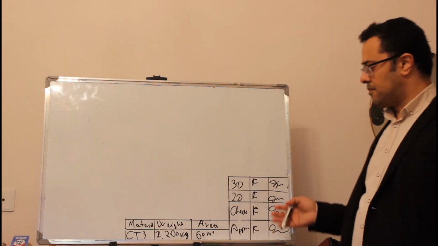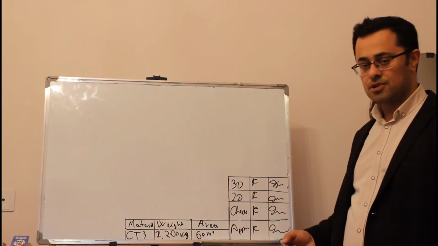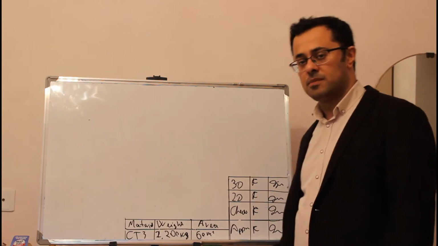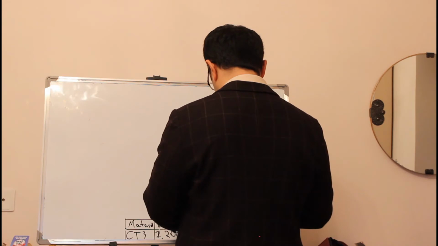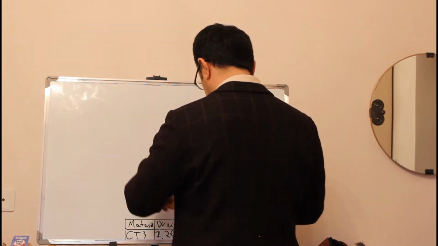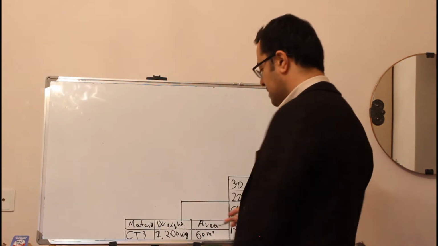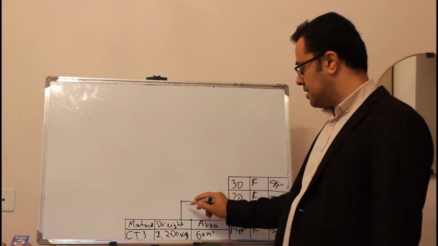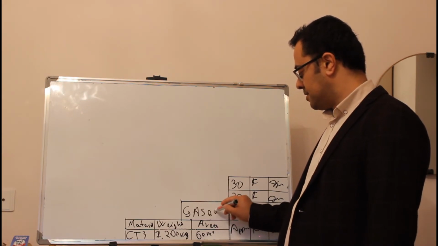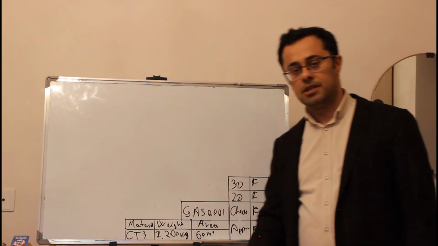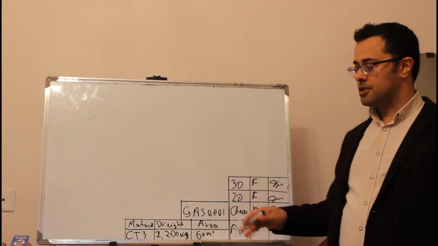Of course you need more boxes, like boxes telling what part it is. I'll add them, it's not a problem. So it's GAS 0001, general assembly 001.